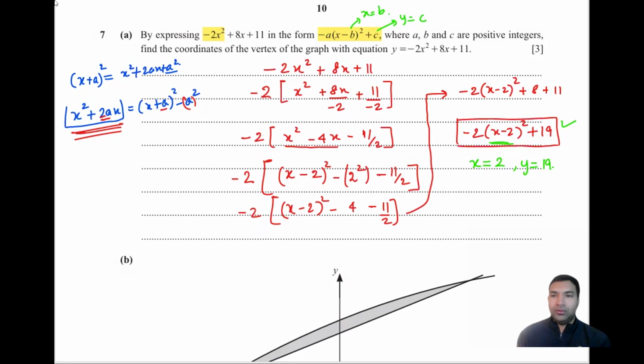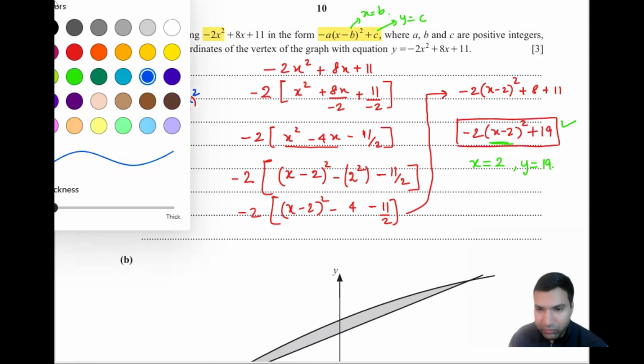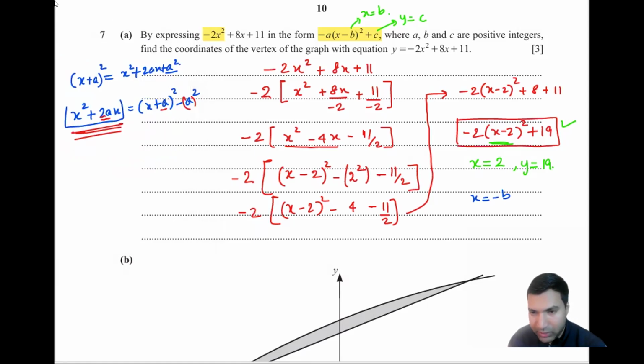This expansion, or you can say the completed square, actually represents the vertex form of the quadratic equation. Does that make sense? Otherwise, you could have used the formula itself, which says x equal to minus b by 2a. This is the x coordinate of the vertex formula. Okay, so what's b? b is 8. So if you want to cross check, b is 8.